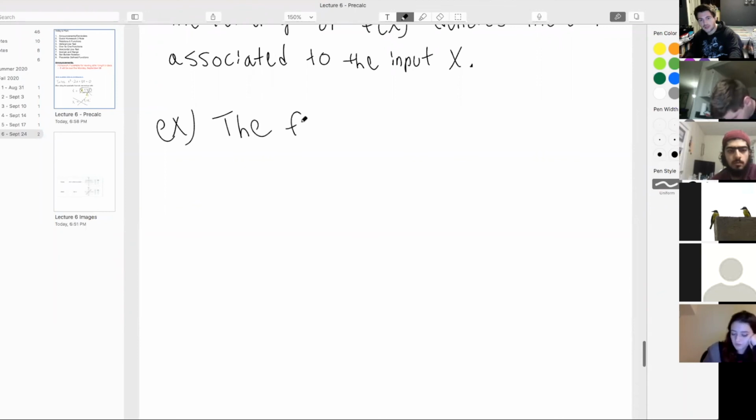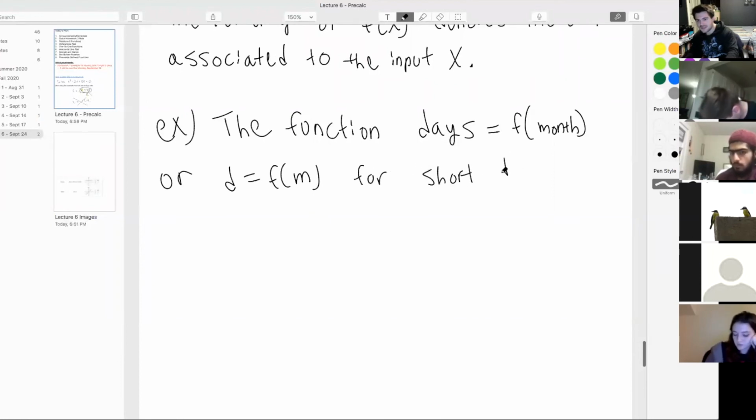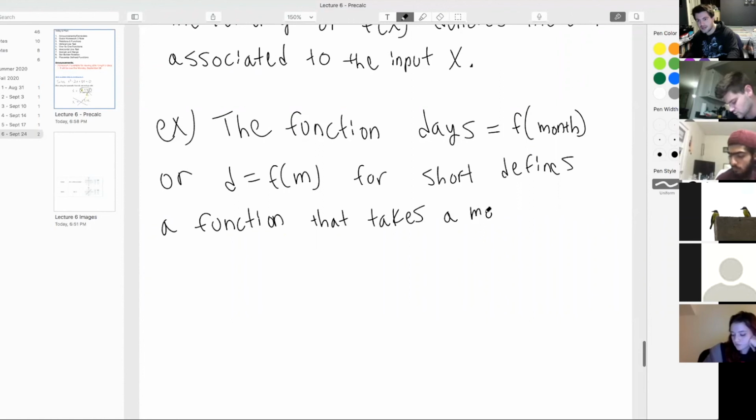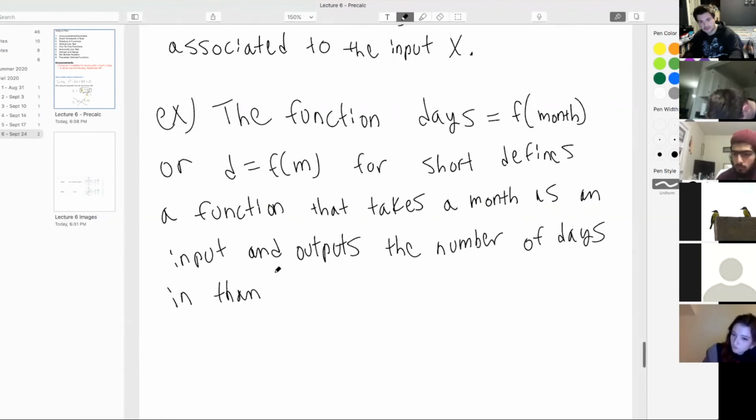The function days equals f of month, or d equals f of m for short, defines a function that takes a month as an input and outputs the number of days in that month.